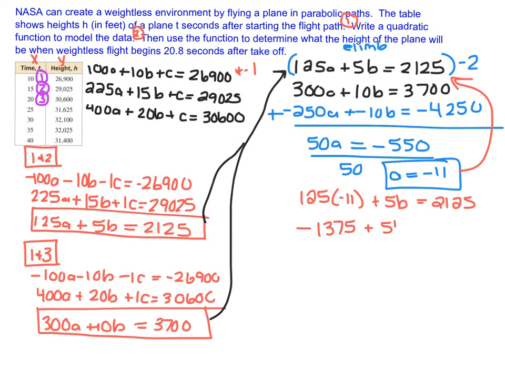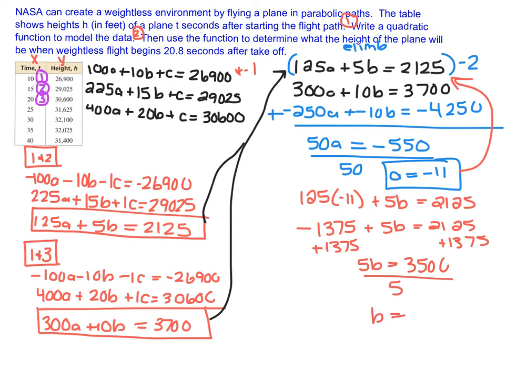Then I have plus 5b equals 2125. So I'm going to add 1375 to each side. So we have 5b is equal to 3,500. So our last step is to divide by 5, and we find that our b value is equal to 700.